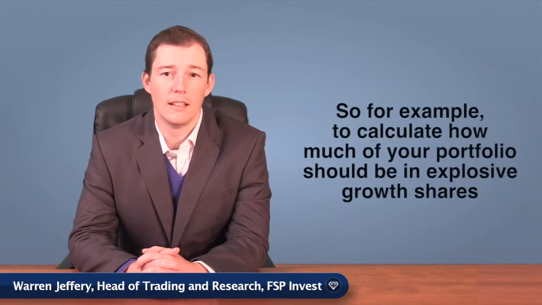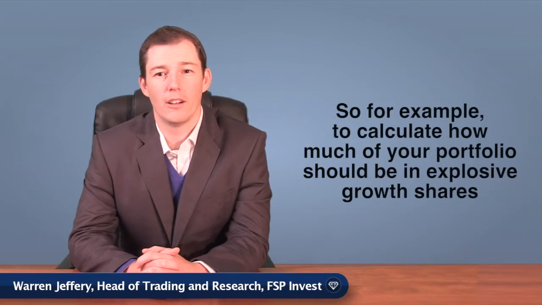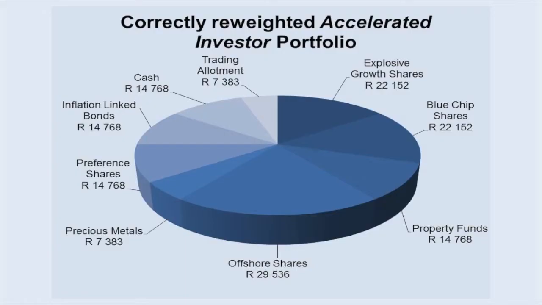So, for example, to calculate how much of your portfolio should be in explosive growth shares, assuming your portfolio's value increased in line with the example above, you'd simply multiply 147,678 rand by 15%. To get 22,152 rand. This is the value of explosive growth shares you should hold in your portfolio. After doing this for all the assets in your portfolio weightings should look like this.